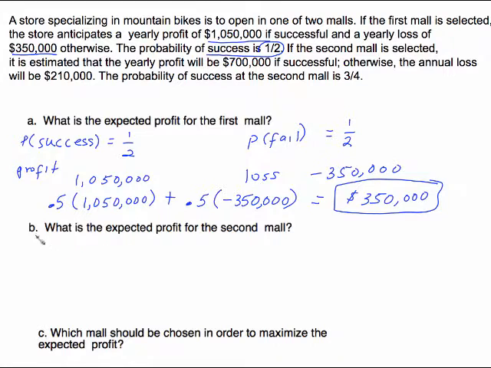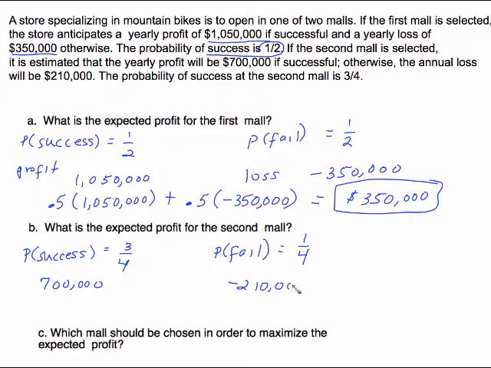The second mall has a probability of success of 3/4. And the profits that go with that are $700,000. If the probability of success is 3/4, the probability of failure must be 1/4, and the loss that goes with that is negative 210,000.